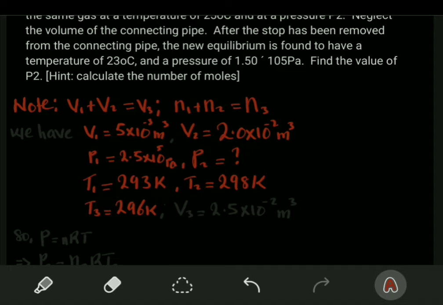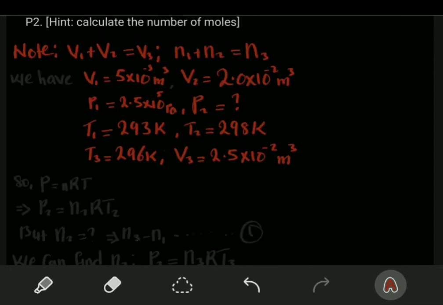And the combined volume, V1 plus V2, we add that and convert to cubic meters. We get 2.5 times 10 to the minus 2 cubic meters. Now we know that we are looking for P2, the pressure of the gas in the second container.